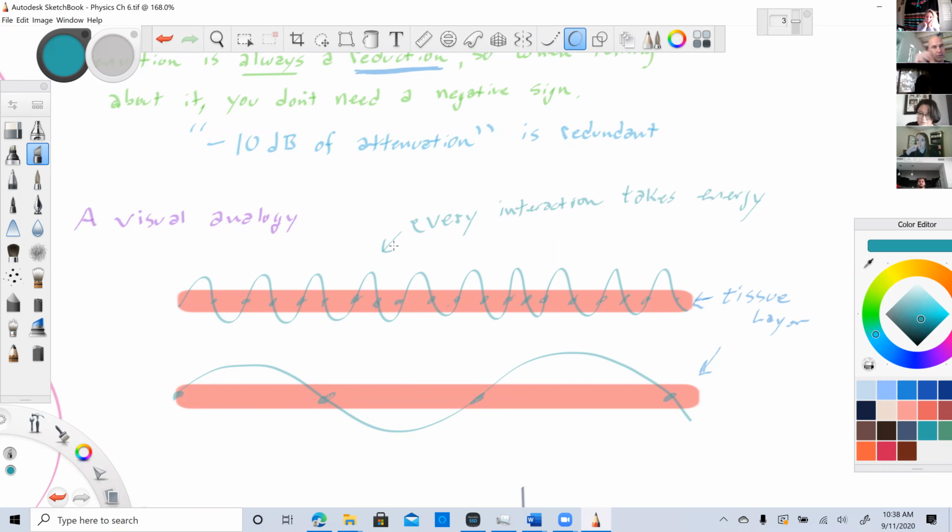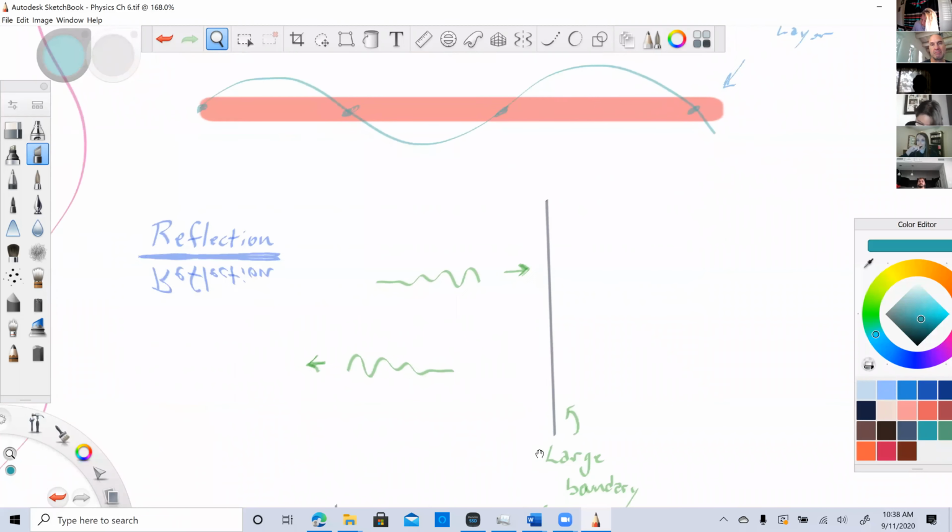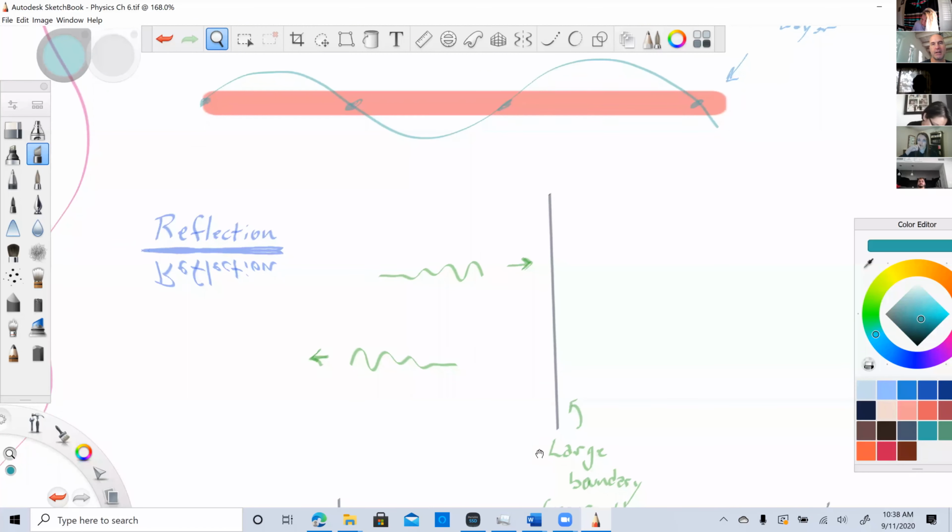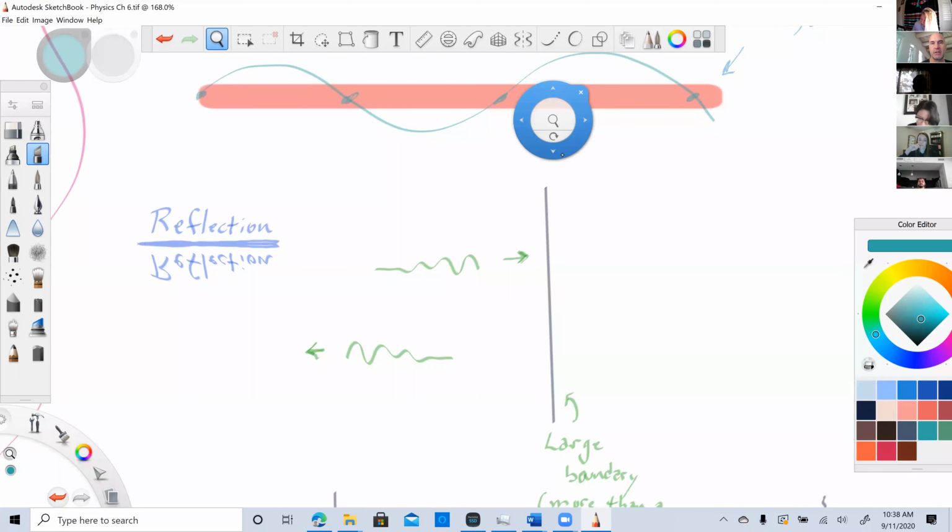So these high frequencies with these many waves simply interact more, therefore they lose energy faster. So in any case, high frequency thyroid, low frequency liver. You're going to use a low frequency for liver.